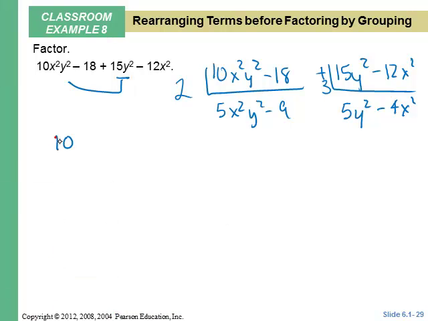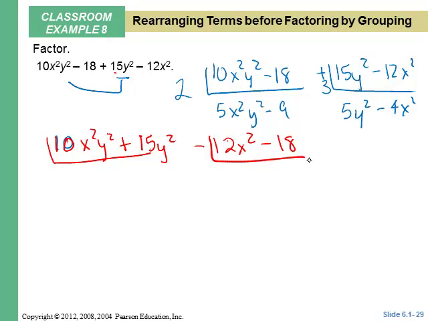Let's rearrange this as 10x squared y squared, then put the plus 15y squared next, then minus 12x squared minus 18. Now notice I did that so that I get the powers of the variable lower. I could have written the negative 18 first, but it's easier to switch it around the other direction. This sign makes this a positive. We can factor a 5y squared out of these two, and we're left with 2x squared plus 3.